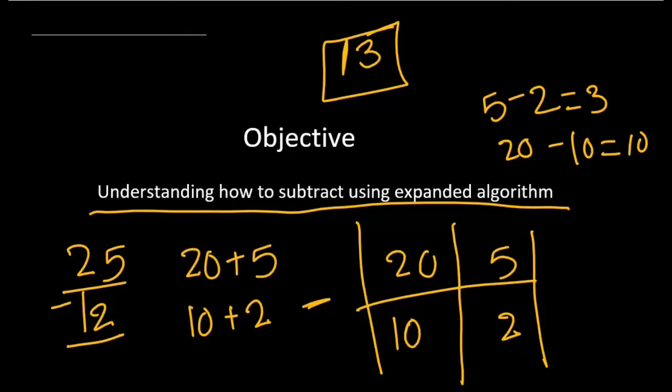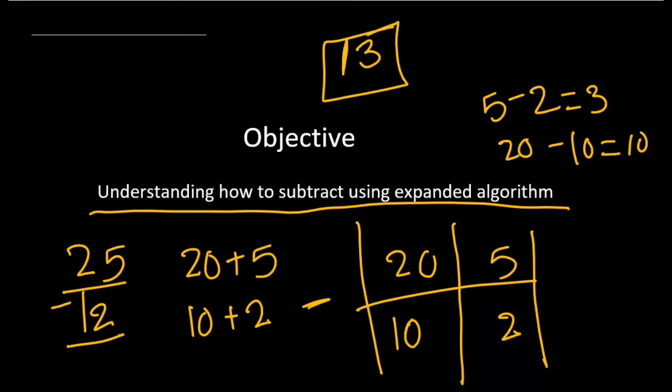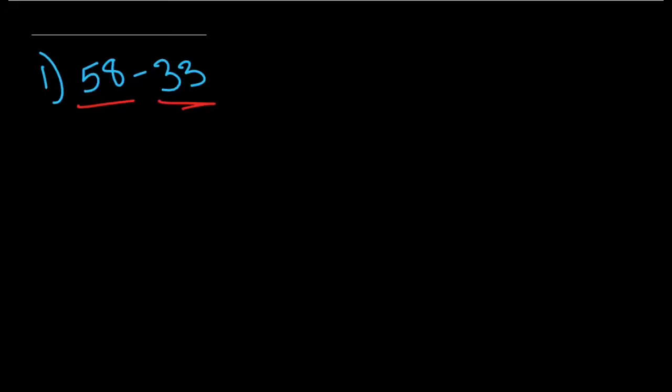So let's get started. The first question is 58 minus 33. All right, so just like we did in our objective slide, we're going to write it in expanded form first, just like this. So here we have 58.